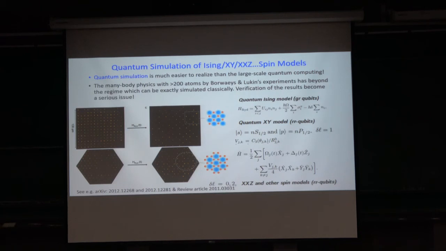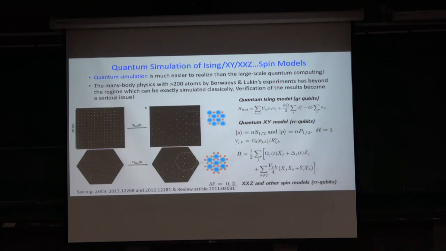It's kind of a spin model, and you can model the quantum Ising model, or if you excite atoms to 2 different Rydberg states, you can model more complicated spin models, like the so-called XY model, and you can see its ground state or steady state, and you can even study its dynamics.